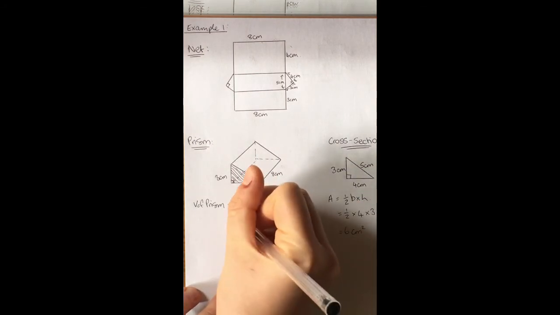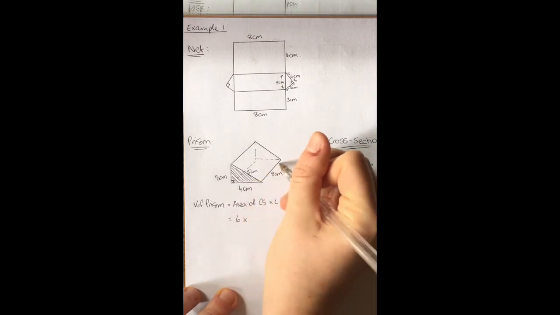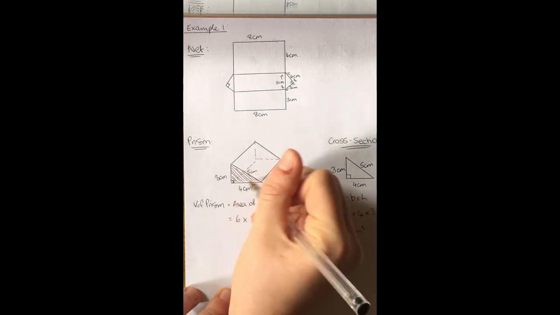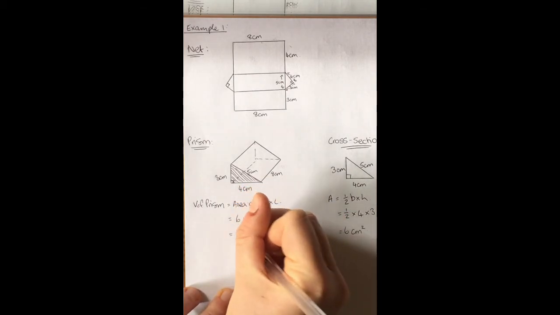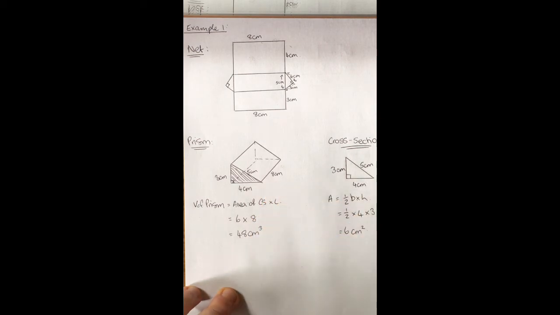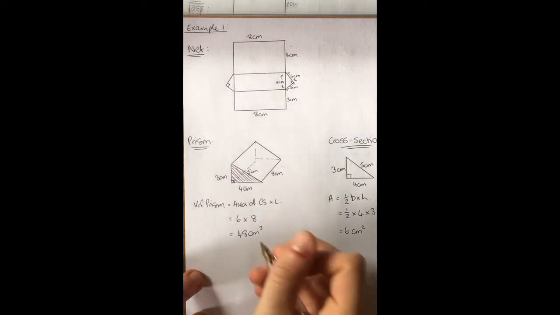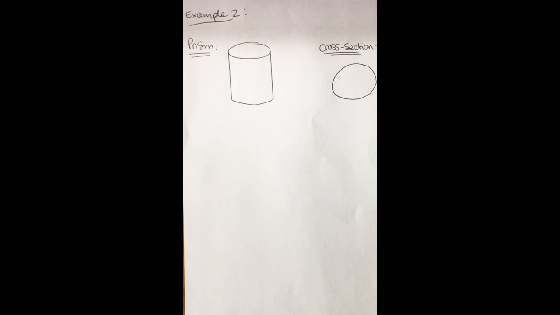So the area of our cross section is 6, so that's our triangle over there, multiplied by our length, which is 8. So that face is projected back by 8 centimetres. So our final answer is 48 centimetres squared. Sorry, centimetres cubed, because we're dealing with volume now. And that is the volume of that net would make.